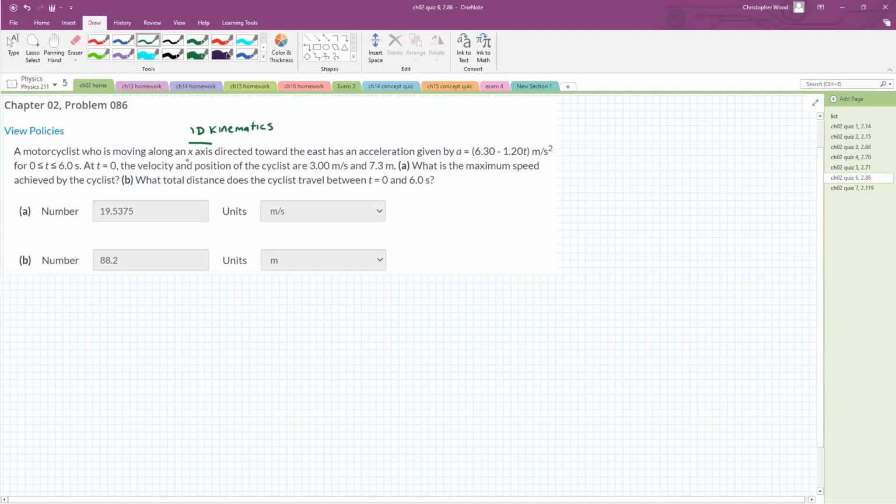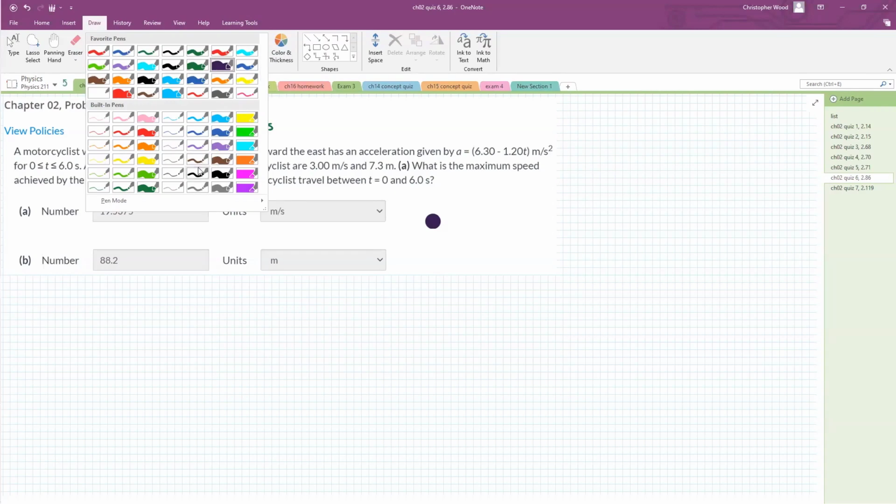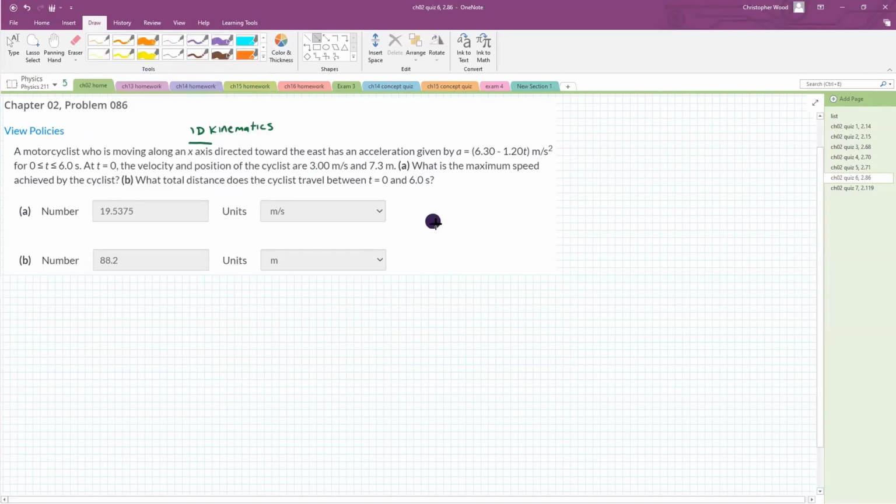A motorcyclist is moving along an x-axis towards the east. So here's my motorcyclist. Here's my velocity. It's moving towards the east. So this way's east.